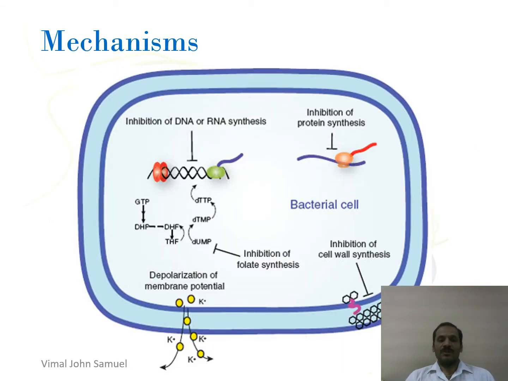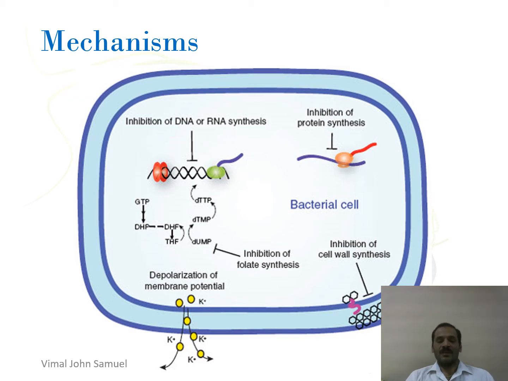Now, the common scenario of various antibacterial agents is based upon the contents of the bacteria which can be inhibited, and that produces the antibacterial effect. One simple technique is that we can damage the cell wall, and once the cell wall is damaged, there will be cell lysis or cell leakage, and that leads to cell death.